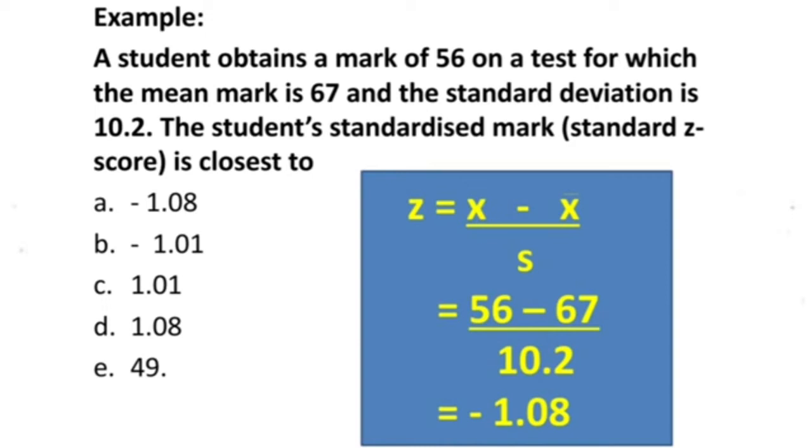So the answer is A, negative 1.08. So here's the solution. z equals x minus x bar divided by s equals 56 minus 67 divided by 10.2 equals negative 1.08. So the answer is A, negative 1.08.